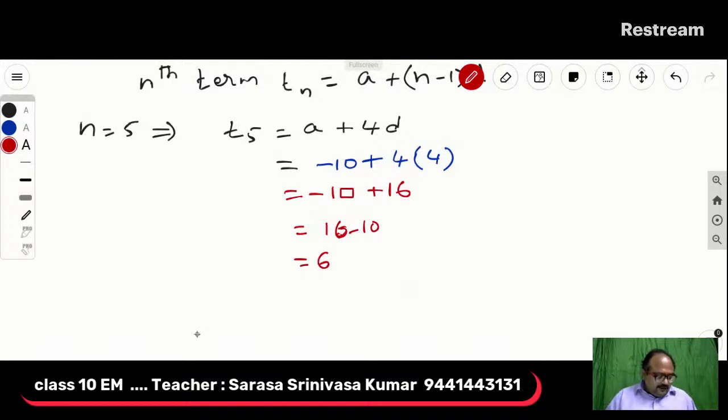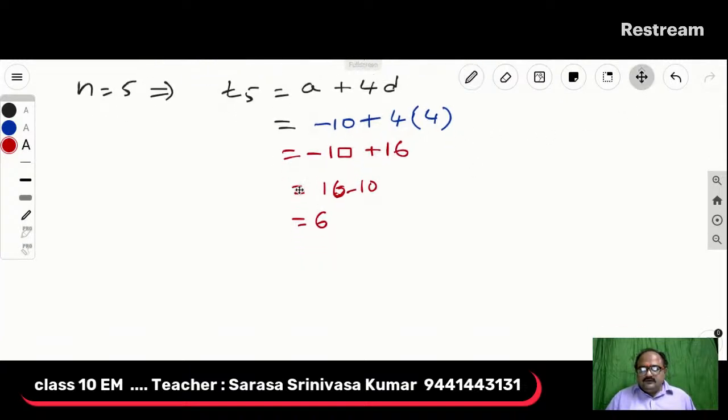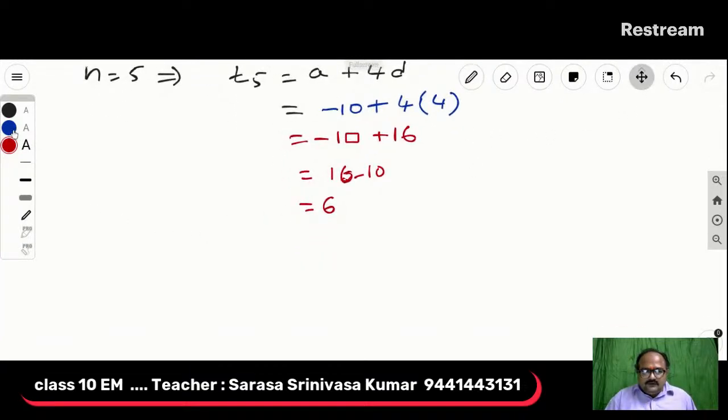Now we write the next term. N equal to 6 means we get T6 equal to a plus 5d. What is a?